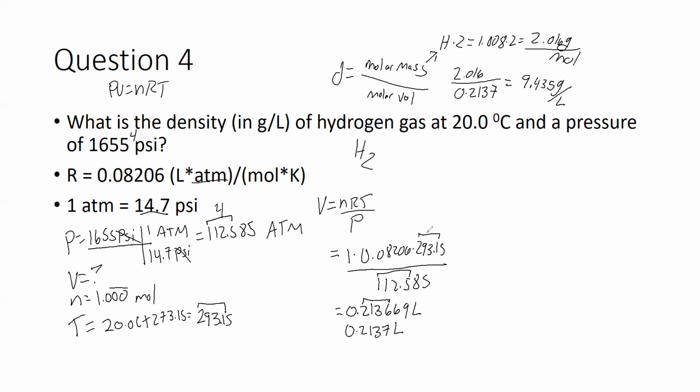And it's grams per liter because this unit's actually liters per mole. And so when you do molar mass, which is grams per mole, divided by molar volume, which is liters per mole, the moles cancel out and you're left with a unit of grams per liter.